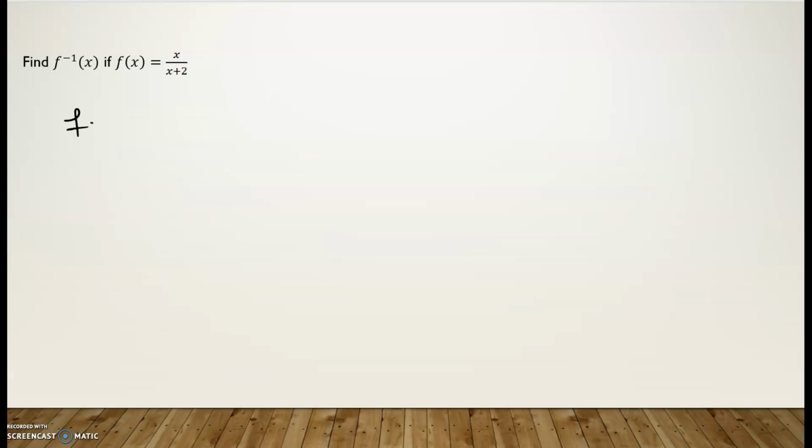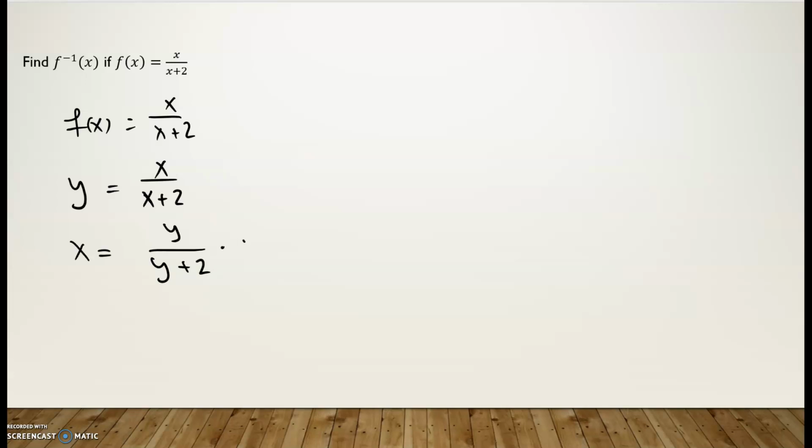Now let's look at this one. Same thing: we change f of x to y, switch our x and y values, and then solve for y. I'm going to multiply both sides by y plus 2. Then we have x times y plus 2x is equal to y, because these cancel out.